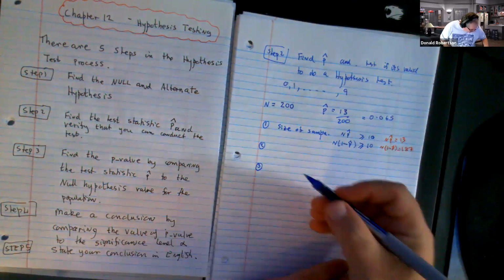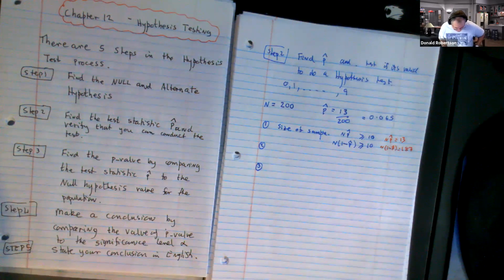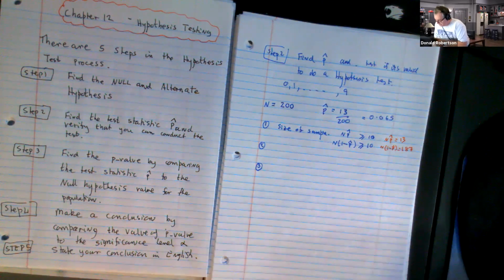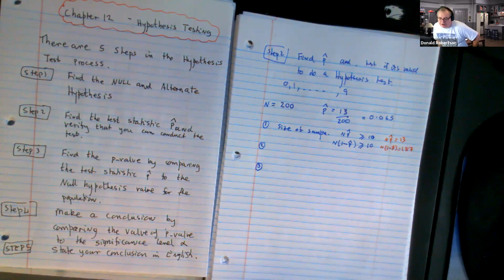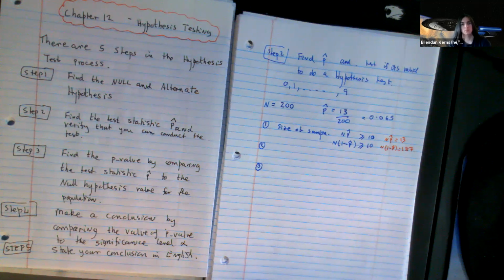Does anybody know what the other 2 major things that we typically want to be true when we do a sample? What are the other kinds of things you'd want to be true if you were doing a sample? Random.